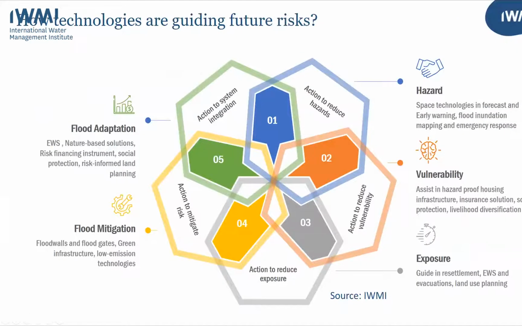So with that, what happens if these technologies become handy for authorities, you would start preparing applications like flood adaptation through nature-based solutions, early warning systems, as I said, the example of risk financing instruments, and also help countries prepare better land use plans. Most of the land use plans are not updated.